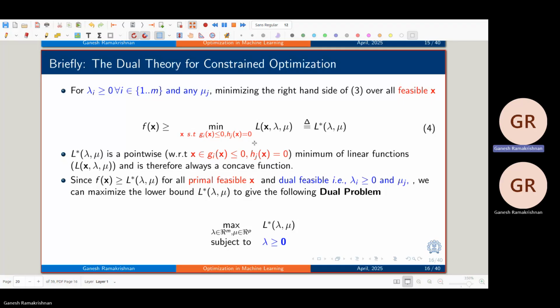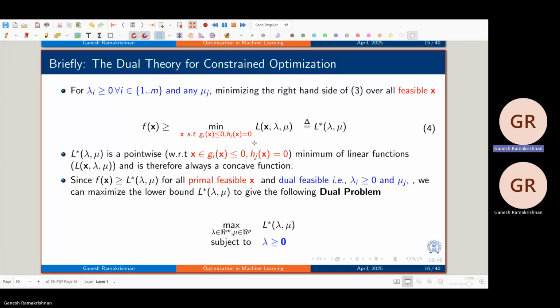What you have written, f(x) is greater than or equal to L(x, lambda, mu), that inequality holds even if I minimize with respect to the primal feasible conditions for a given lambda, mu. It's a function of lambda, mu. That's what I call L star. The x that gave me L star need not be the x that minimizes f(x). No assumption is needed, so this inequality otherwise holds. It is very simple, right?